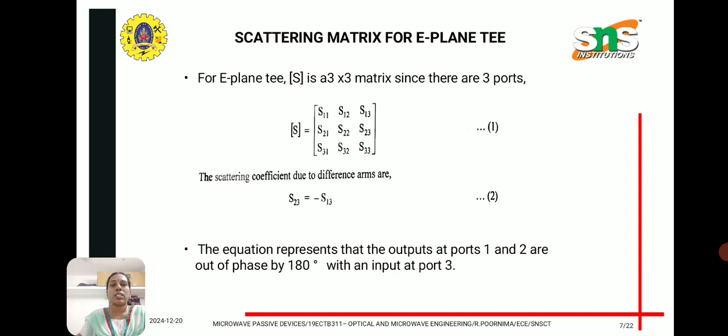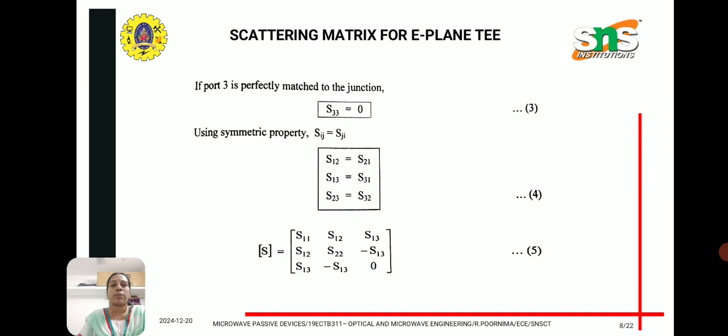We can derive the scattering matrix for E-plane T. S is a 3 cross 3 matrix because there are 3 ports in E-plane T. We can write the 3 cross 3 matrix and apply the properties of E-plane T. S13 equal to minus S23, and S33 equal to 0, since port 3 is perfectly matched to the junction, meaning there is no reflection from port 3.